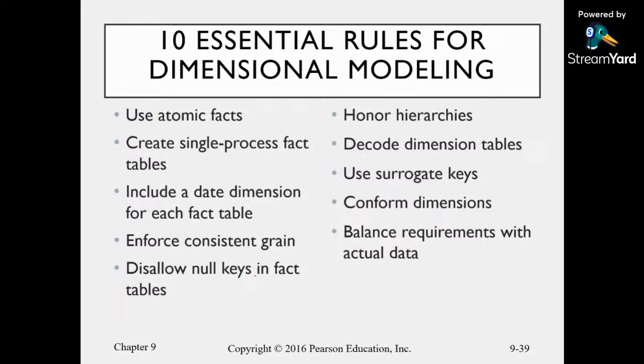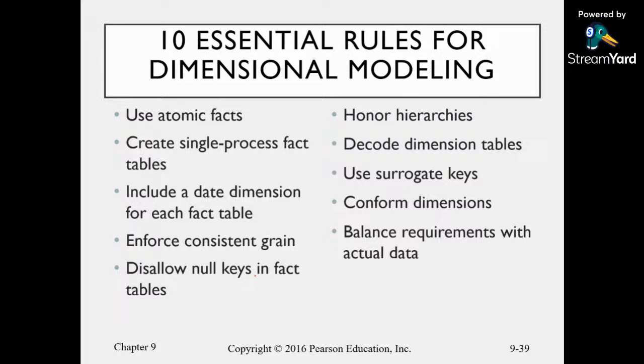All dimension table rows should be identified by a surrogate key, with descriptive columns showing the associated production and source system key. Nine, conform dimensions. Conformed dimensions should be used across multiple fact tables. Ten, balance requirements with actual data.